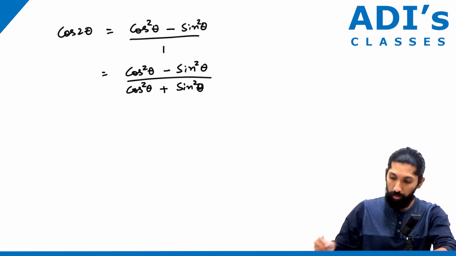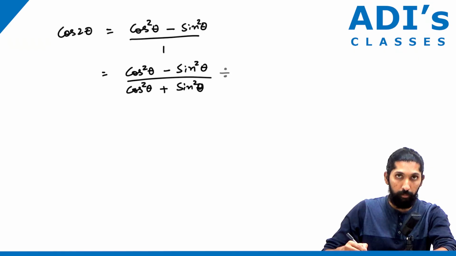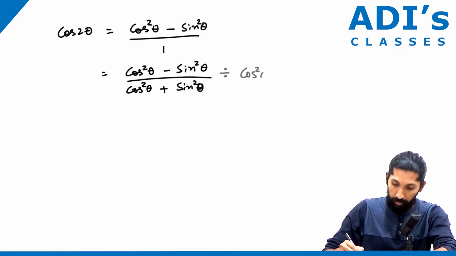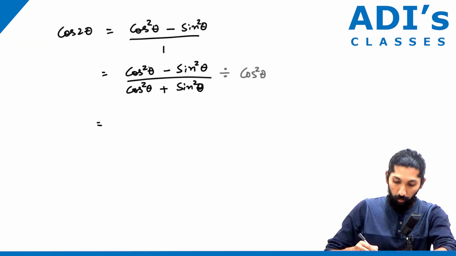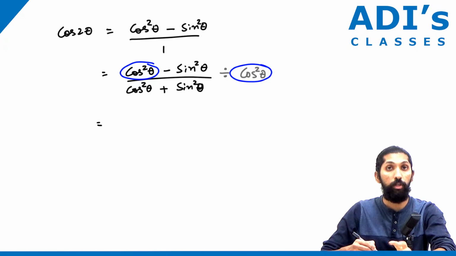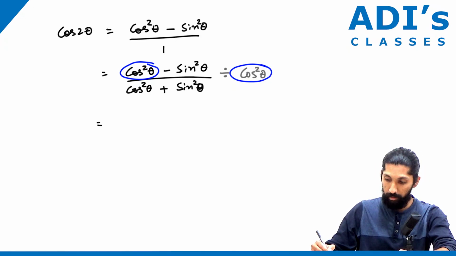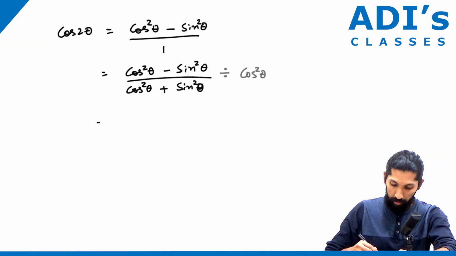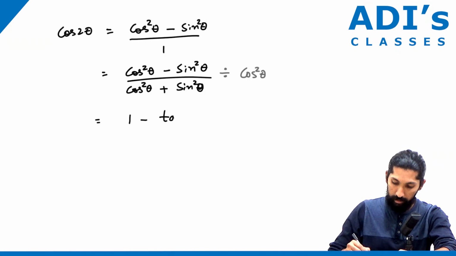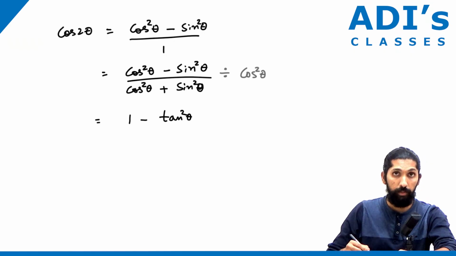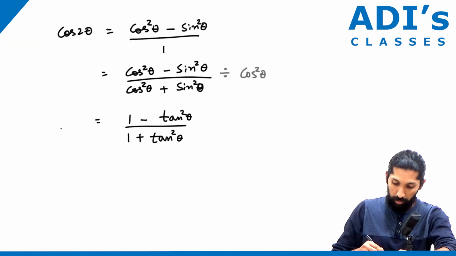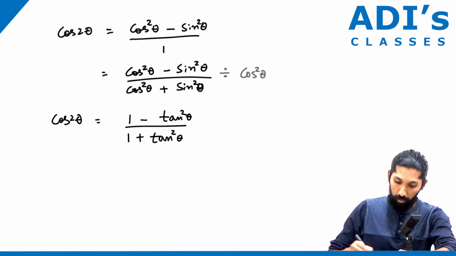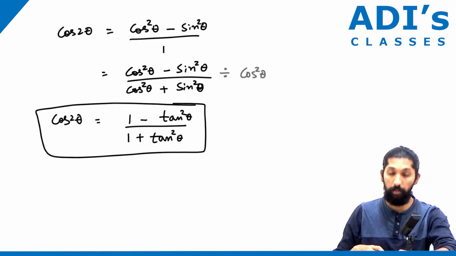Now what you do, you are going to divide both numerator and denominator by cos square theta. Okay, by cos square. So here, what is cos square theta? Here see cos square theta divided by cos square theta. What do you get? 1, correct? So you are going to have 1 minus tan square theta, sin square by cos square, by 1 plus tan square theta. So this is going to become cos 2 theta, see, in terms of tan.